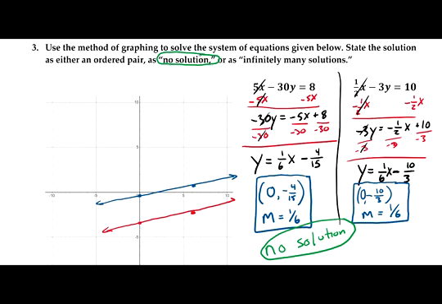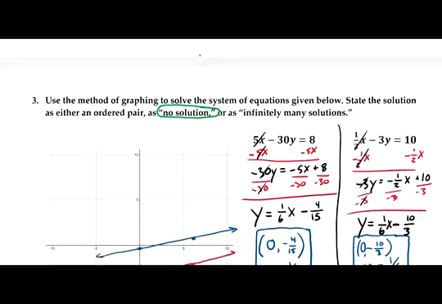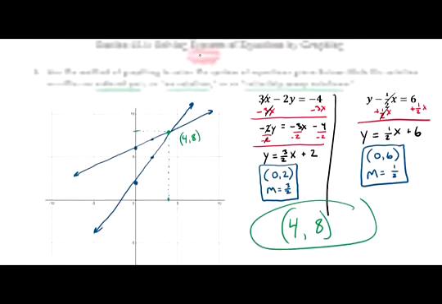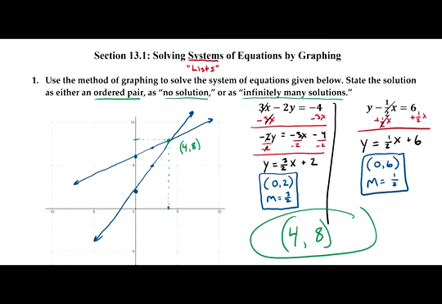Okay, so those are the three possible scenarios. Let me scroll back up. So most of the time, this is what's going to happen. Two lines intersecting at one point, there's one solution. So in this case, our solution was a single ordered pair.